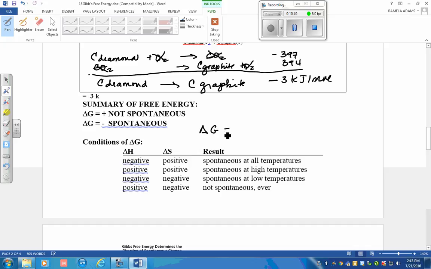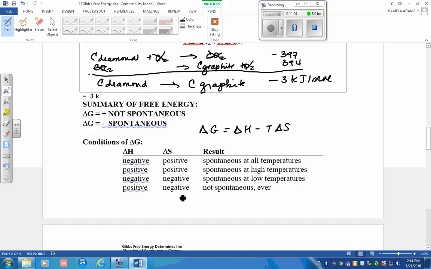When you look at the equation as it's written, if H is negative and S is positive, there is no temperature that will make G a positive number. So delta G is spontaneous at all temperatures.